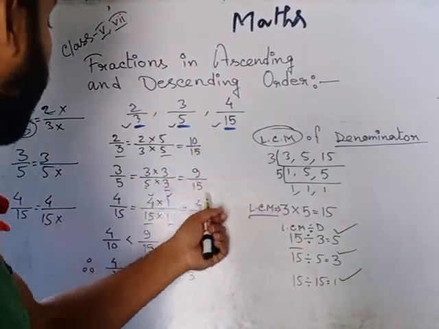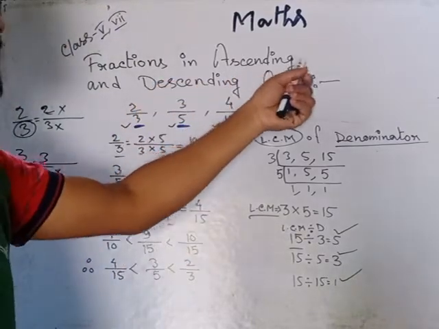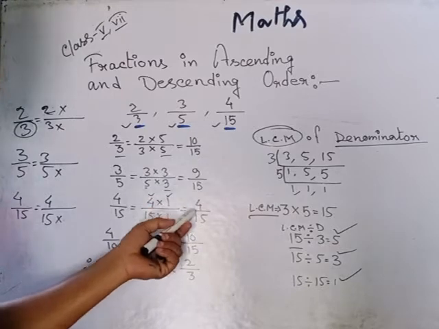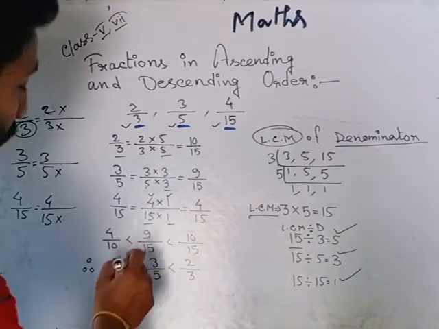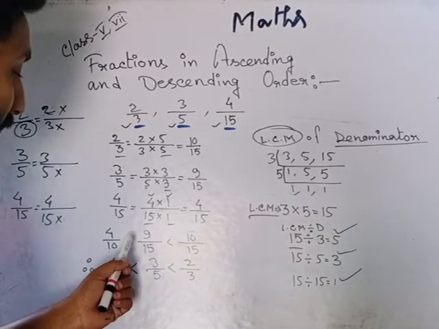Okay, you get the result, and you should find out which one is the smallest if it is ascending order. You should write the smallest number first, and write the less than sign.